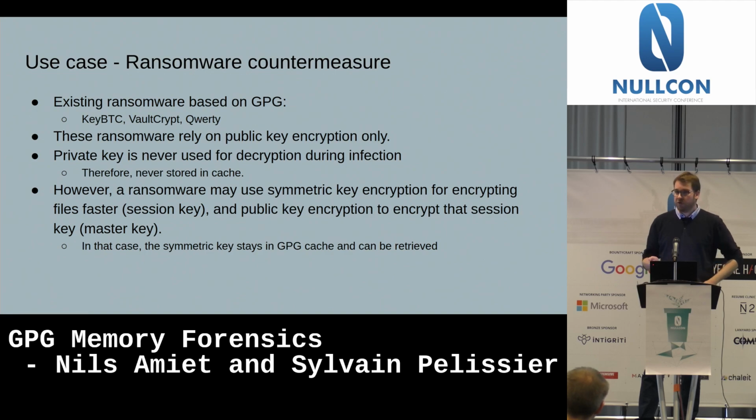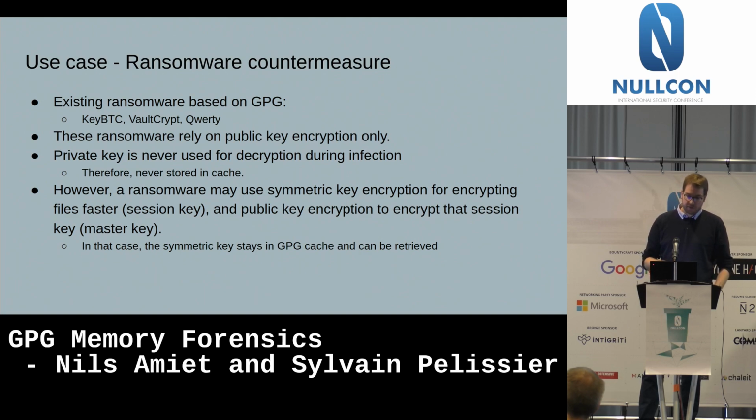And since usually a ransomware encrypts a lot of files, like when you get infected, they will try to encrypt your whole files, basically. You still have to do asymmetric operations for each file. So it would make sense for a ransomware to use a symmetric key for encryption.